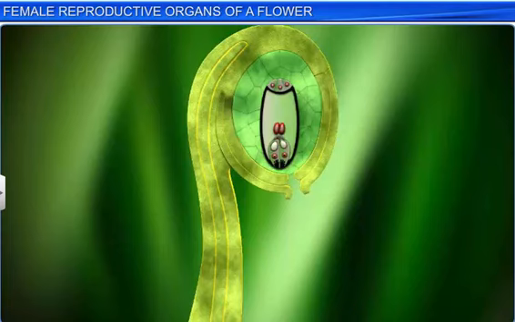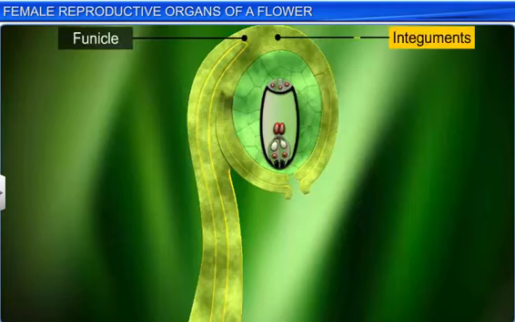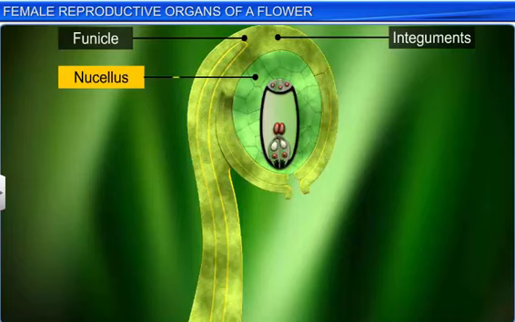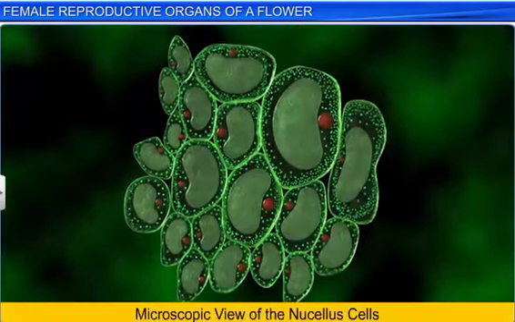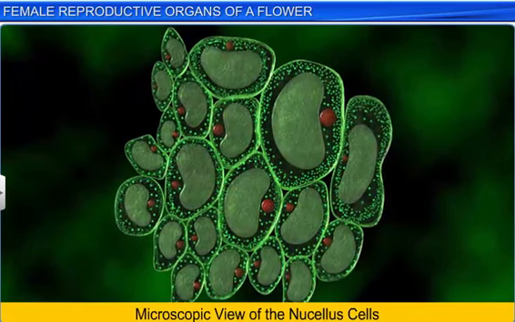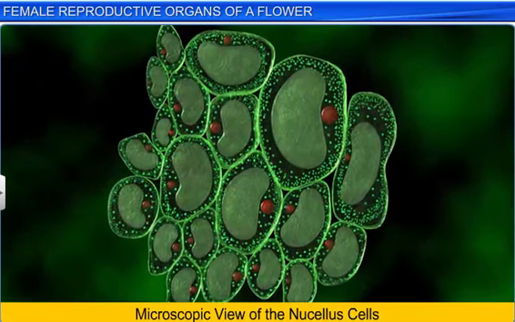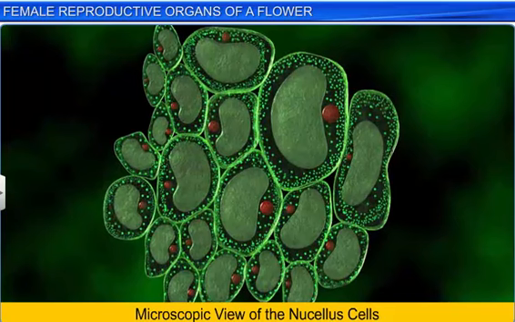At the chalazial region, we find that the funicle and integuments join the nucellus, the center region of the ovule that's made of a mass of diploid, colorless, thin-walled, parenchymatous cells containing food reserve materials.